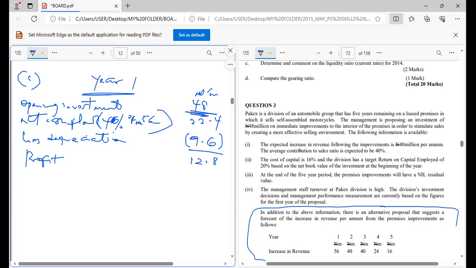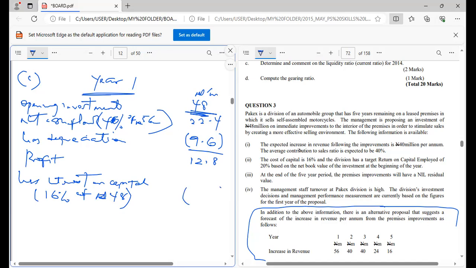For us to get our residual income, we have to less what? Interest on capital. And what's the cost of capital? The cost of capital is 16%. So 16% of 48 million, that's for year one.